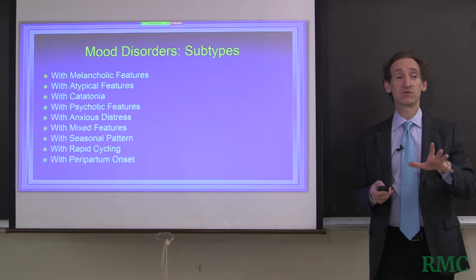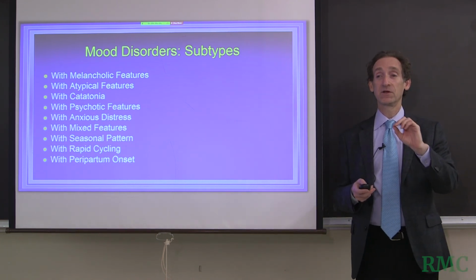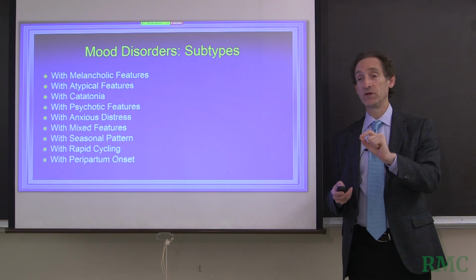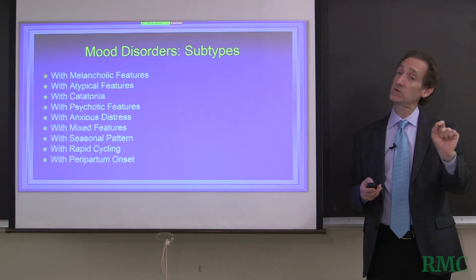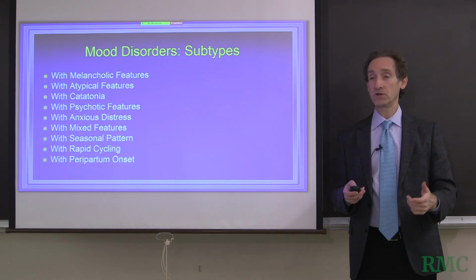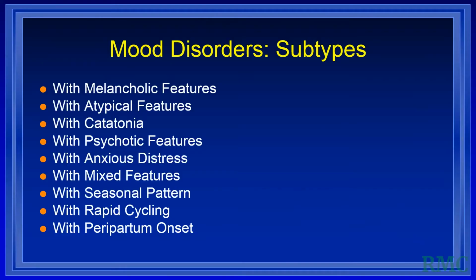Mixed features is interesting. That's when a person meets the criteria of a major depressive episode or a manic episode, but they also have some features of the opposite pole. So you can imagine an individual who's grandiose, has decreased need to sleep, thinks he's the Messiah, and meets all the criteria for a manic episode. But on the other hand, he's feeling difficulty concentrating.